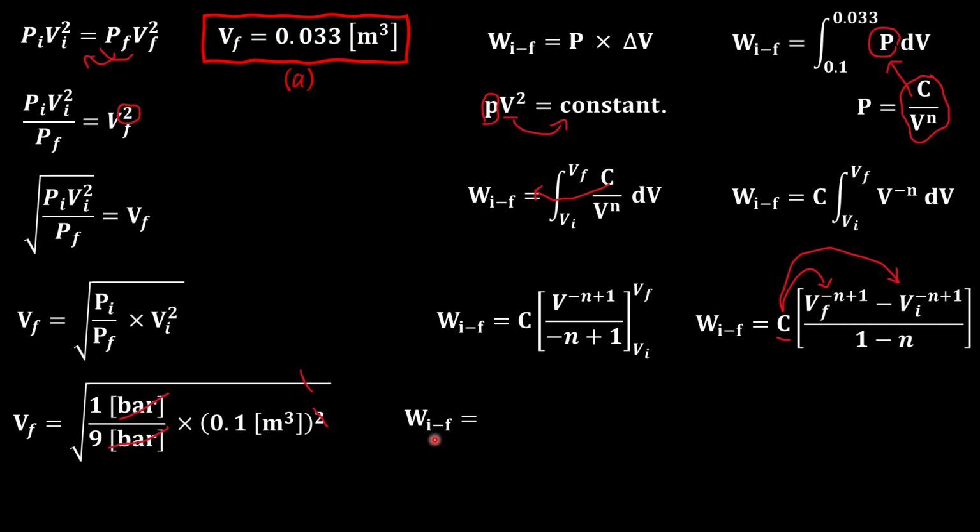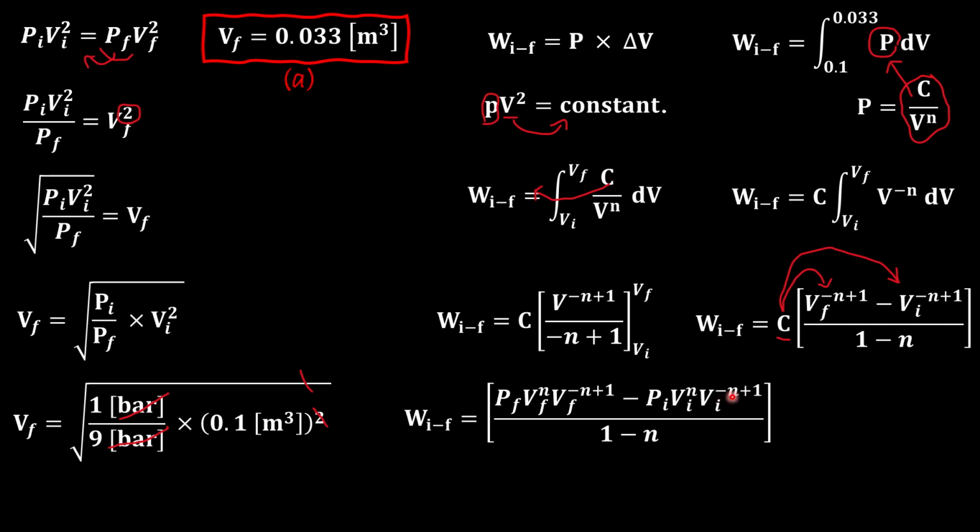So we will have the work equal to, so C for it will be P final, V final to the power n times this one, V final to the power minus n plus 1 minus P initial, V initial to the power n. So that's C right here times V sub i to the power minus n plus 1.